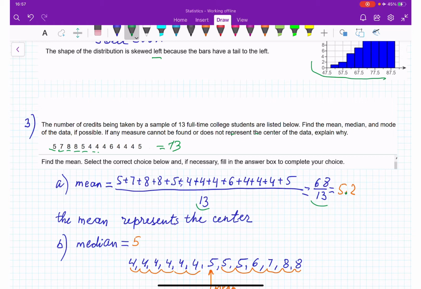But let's say the data are skewed to the right, let's say we have such a graph.